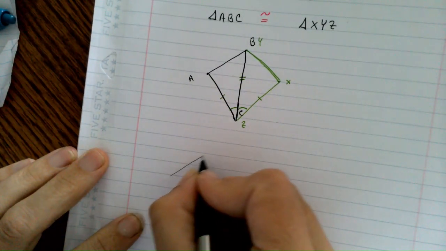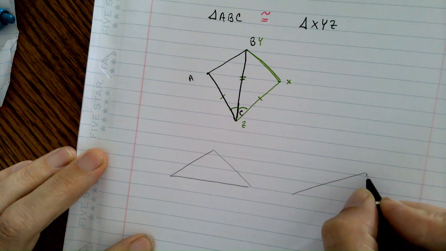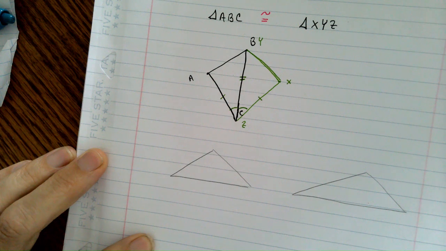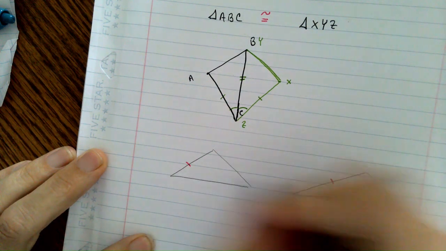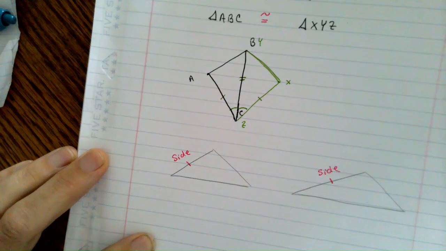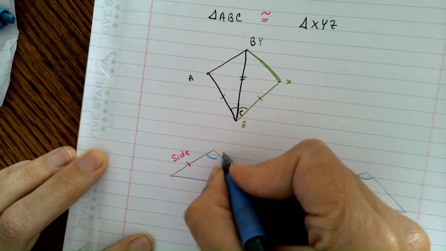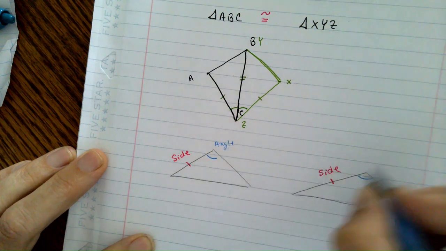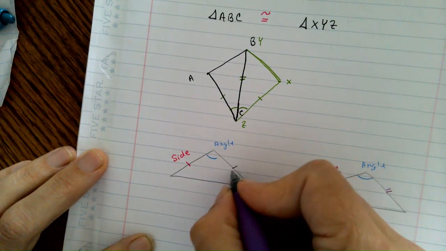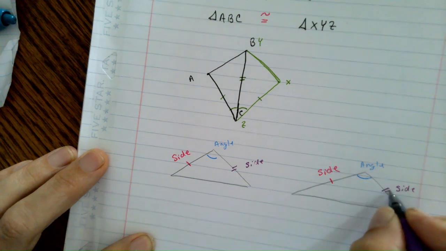If you are given two random triangles, and I'm drawing them somewhat the same, and they gave you this for a side, this for the angle, and then this for another side, we could go back through this entire process.